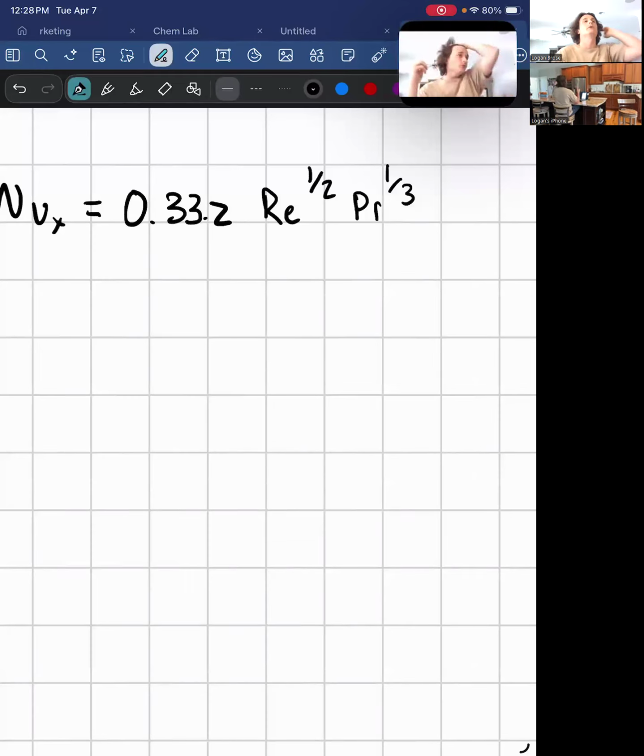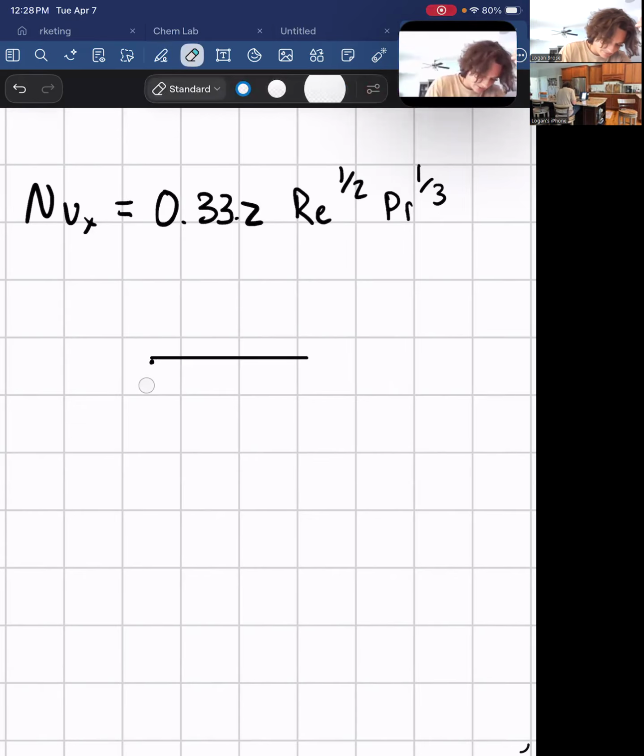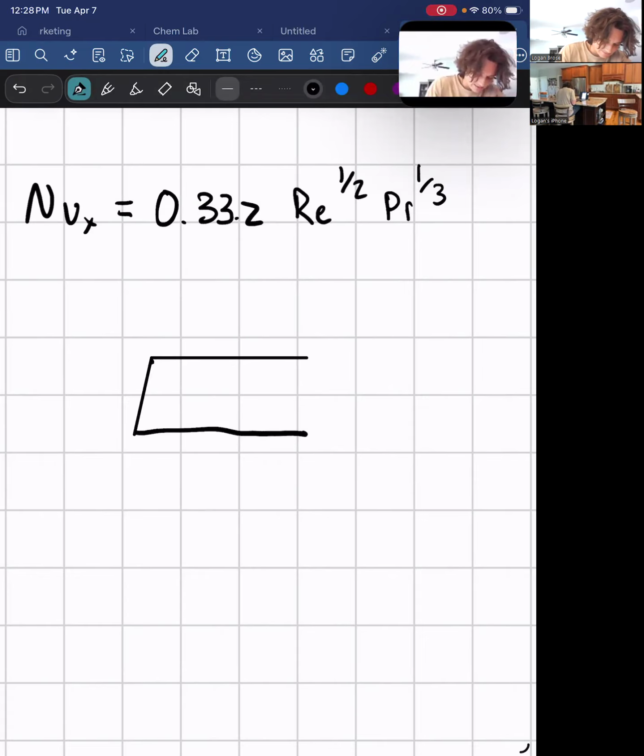Well, the Nusselt number is a ratio of the convective heat transfer over the conductive heat transfer. When we're looking at a flat plate, we can draw out our flat plate here, and we're looking at the flow.